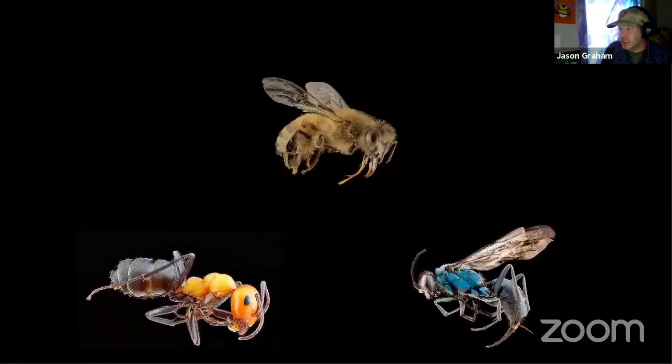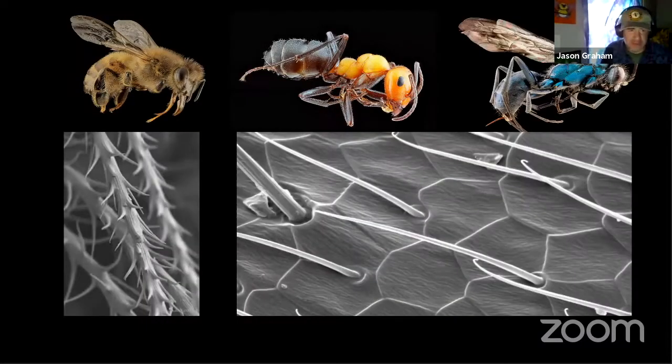Bees are very closely related to ants and wasps. One of the big differences, if you're not sure whether you're looking at a bee, an ant, or a wasp, is that you have to look at it under a microscope, at their hairs. Some of the bees' hairs are branched like this. Anybody have an idea why branched hairs might be helpful?